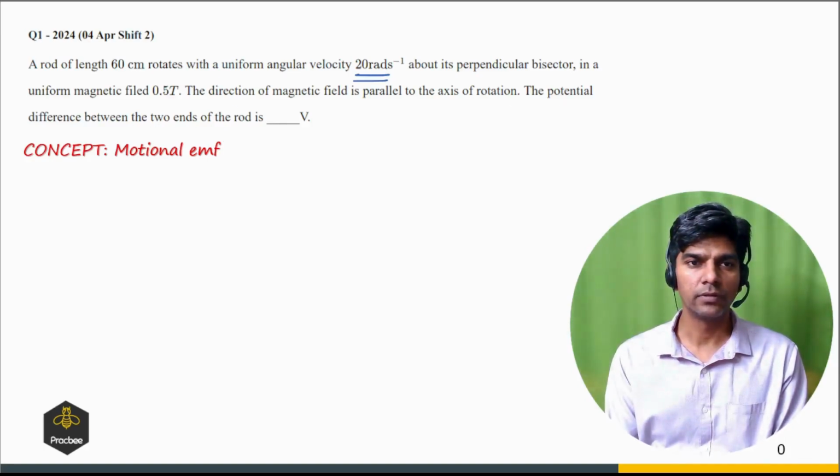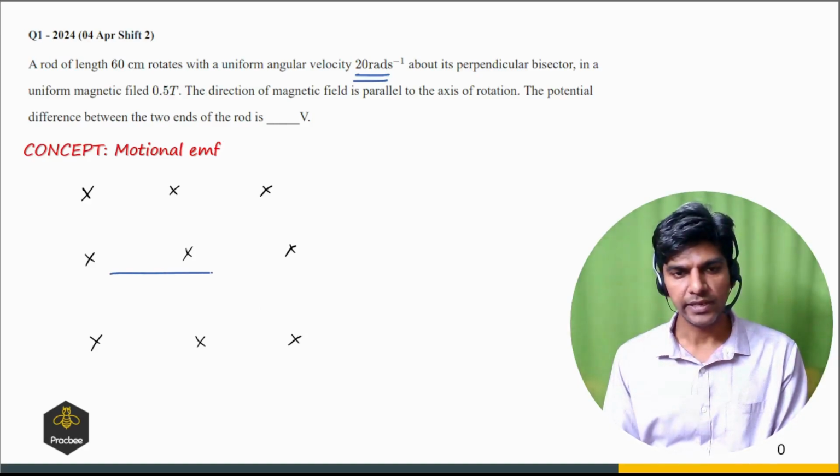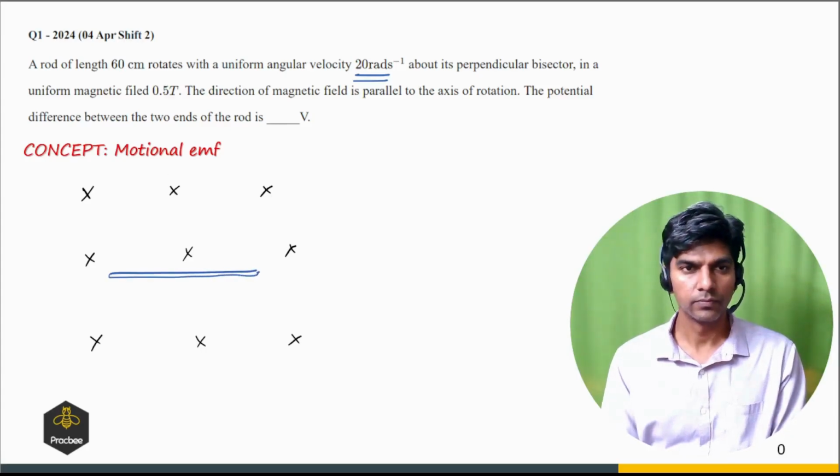Okay, let me draw the diagram. So the magnetic field, let us say it is into the plane, and there is a conductor which is rotating about its axis of symmetry. So it is rotating about, say, this axis.